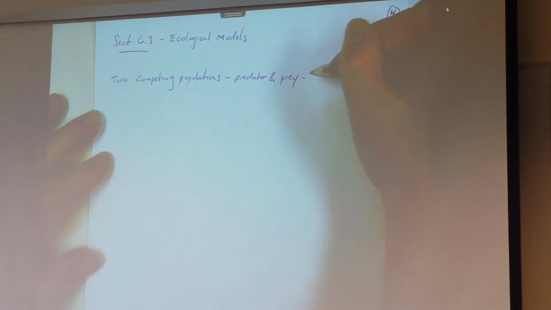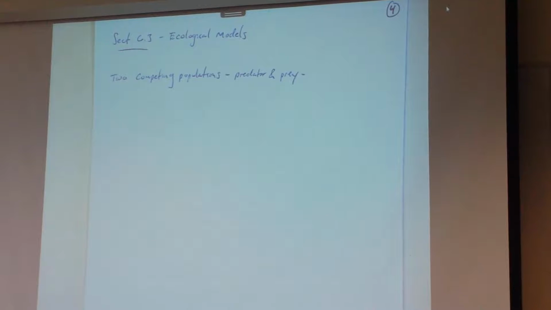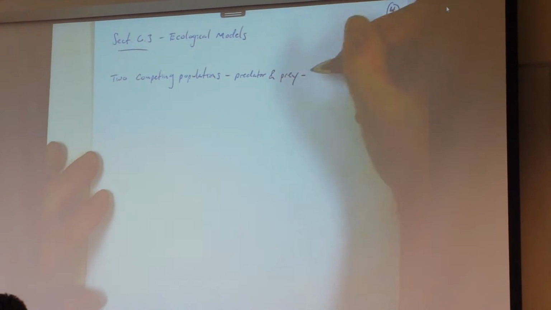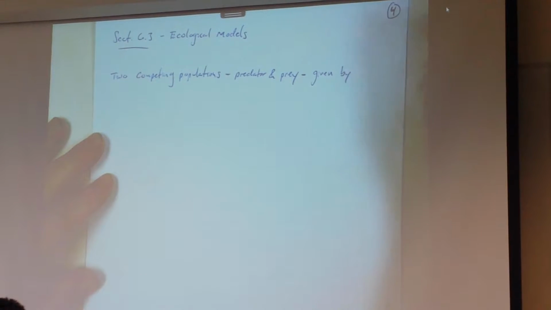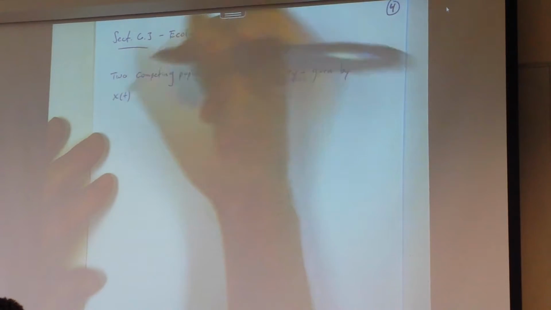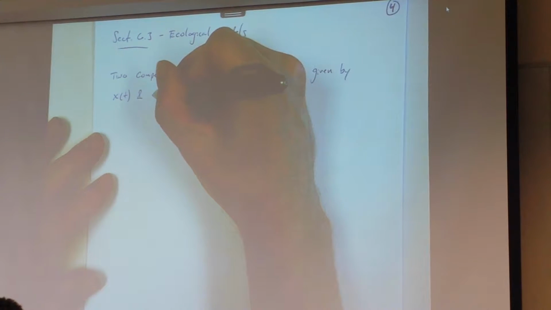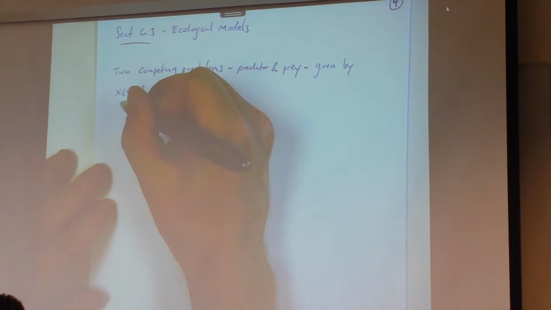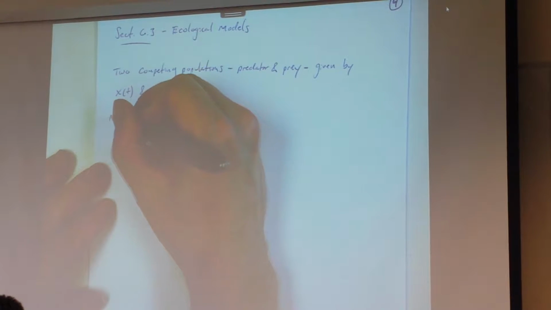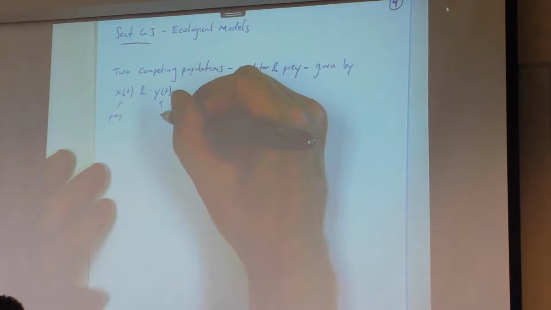Cat and mice, could be sharks and whales and shrimp. It could be foxes and rabbits, whatever. So predator and prey, and these populations are given by x of t and y of t. So the model would be, oh, by the way, x is going to be our prey population, y of t our predator.